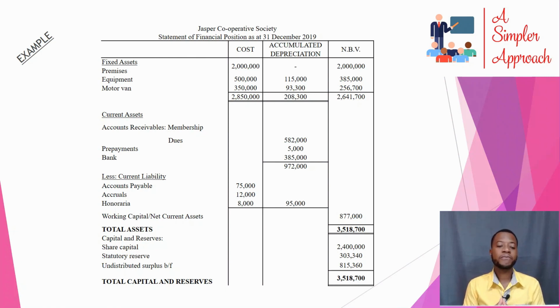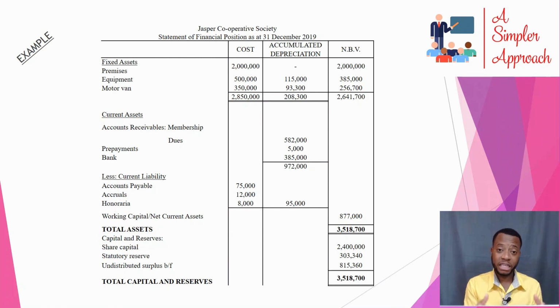Okay? Cool. Prepayments and bank in this case. For our current liabilities, we have accounts payable, accruals, and honoraria. All right? You know the regular gist and structure of this. So you know what to add, what to subtract, and the whole 9 yards.